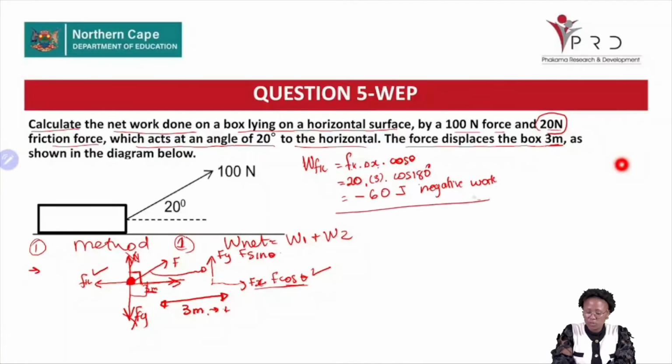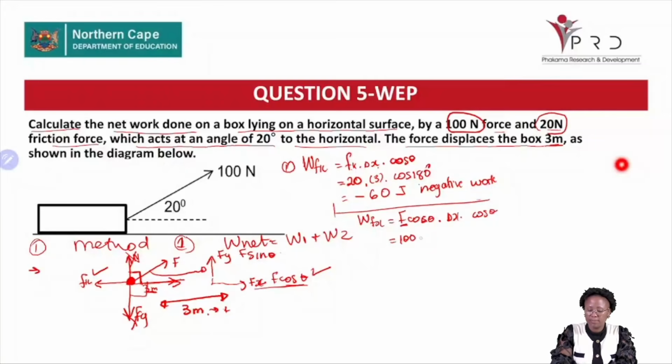The next thing that we are going to do is calculate the work done by the component of F, which is the work done by Fx, equals F cos theta multiplied by delta x multiplied by cos theta again. What is the value of the force? Is 100 newtons.